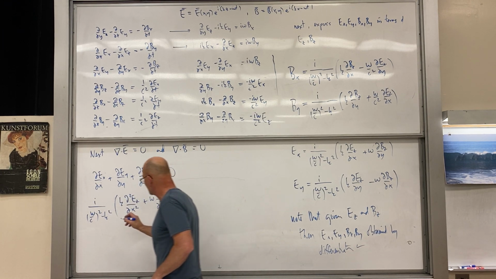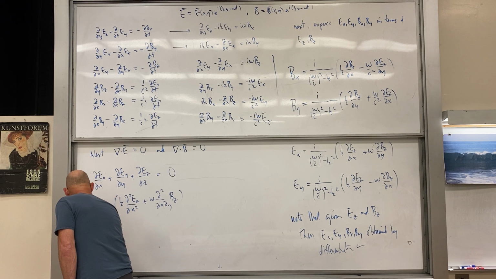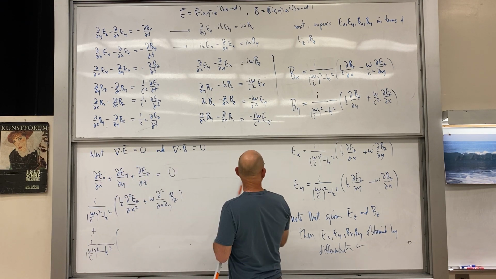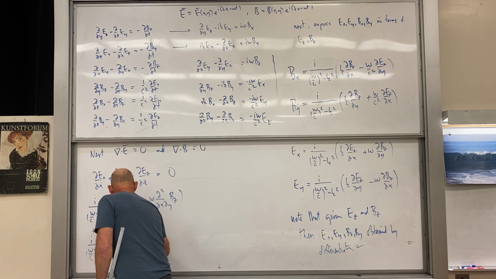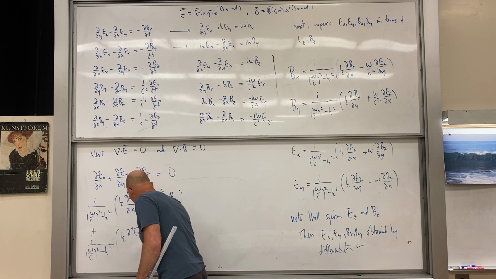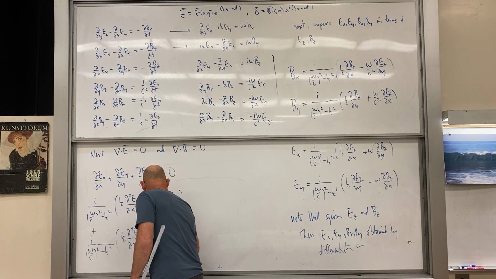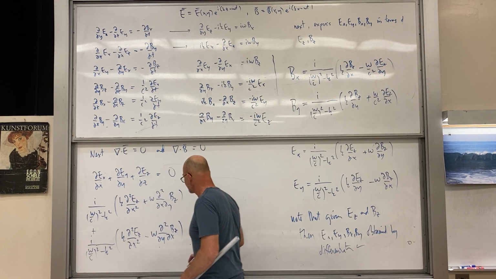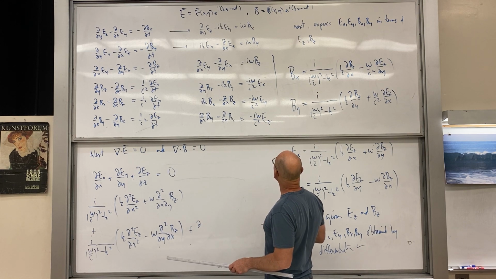Now I'm going to stack these. dEy/dy would be i omega over c squared minus k squared, and the same thing, k d squared Ez/dx squared minus omega d squared/dy dx of B sub z. And then my third one, dEz/dz equals 0.